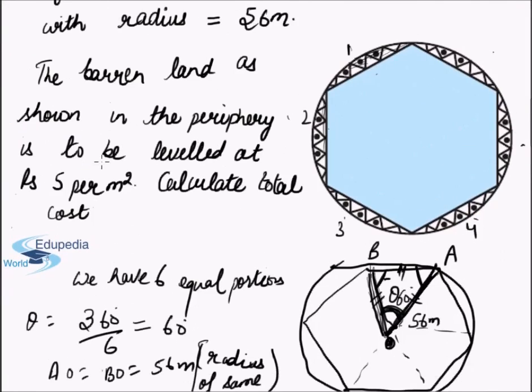Now the cost is given as rupees 5 per meter square for leveling this land.